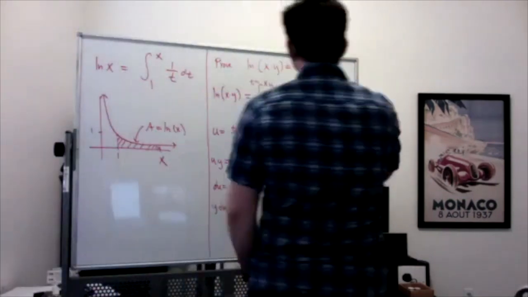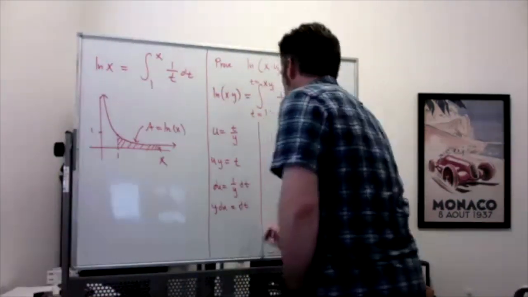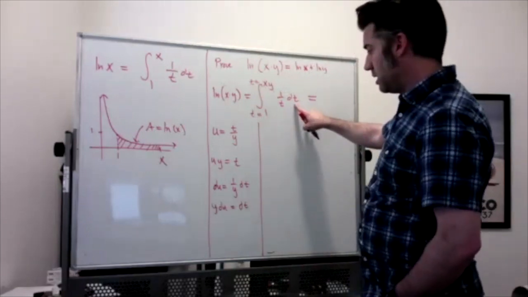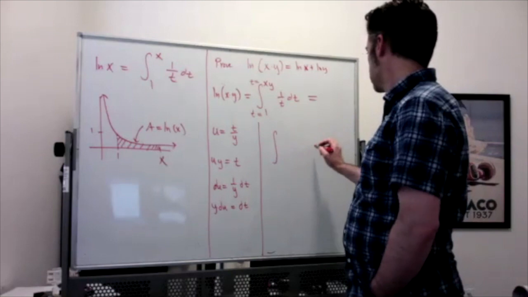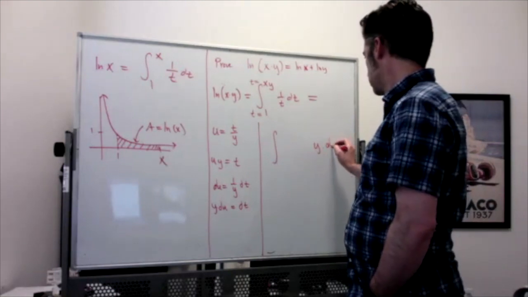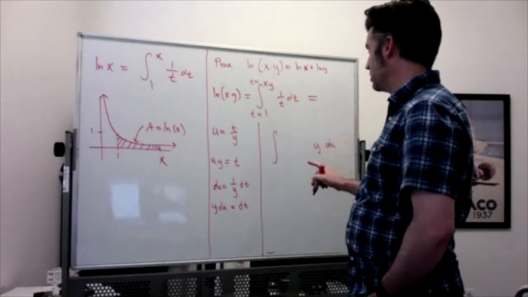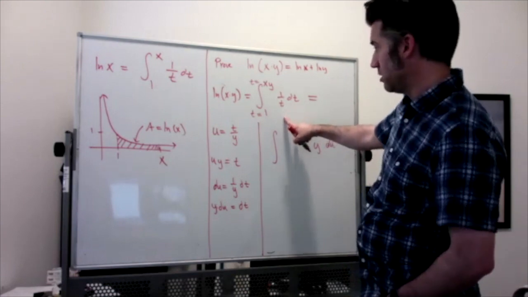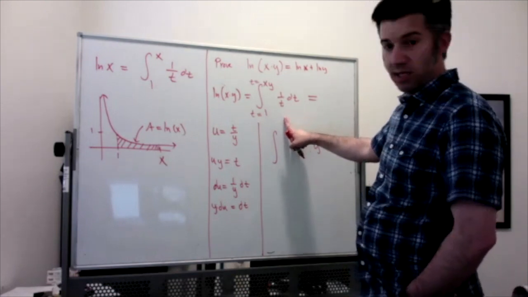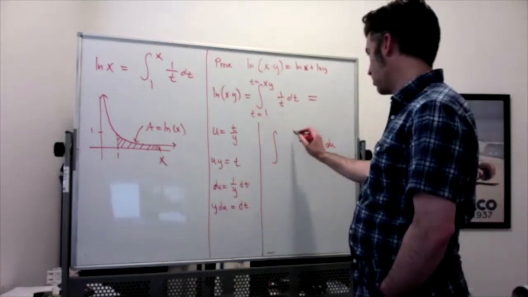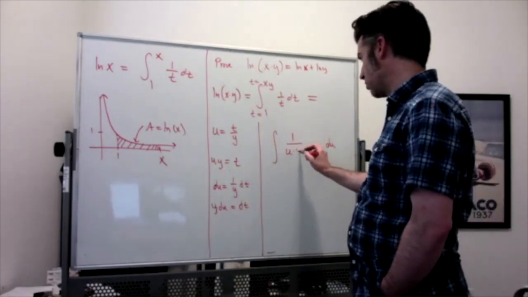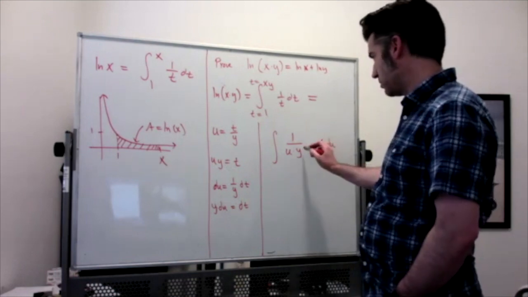So I'm going to rewrite this as, dt becomes y times du. And 1 over t, well, let's just replace t. t is equal to u times y, so it's going to be 1 over u times y. Oh, great, the y's can cancel.